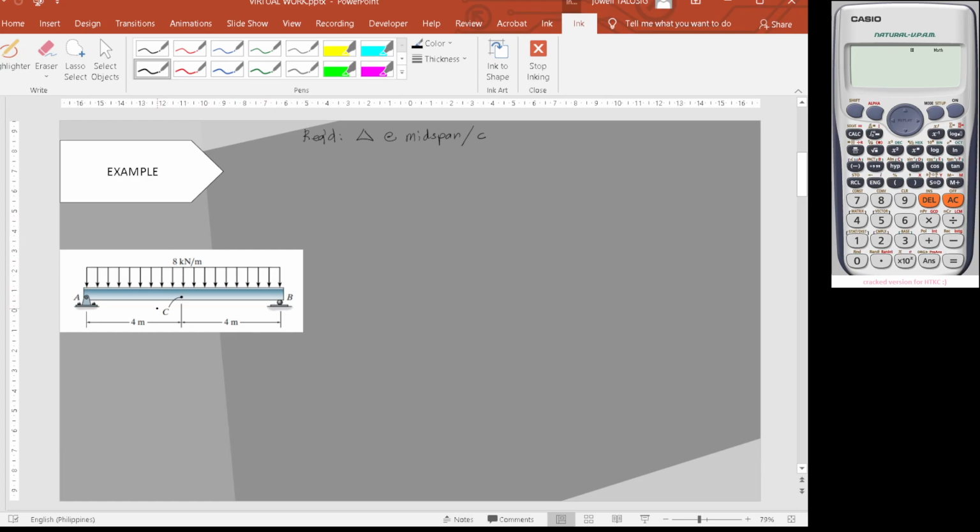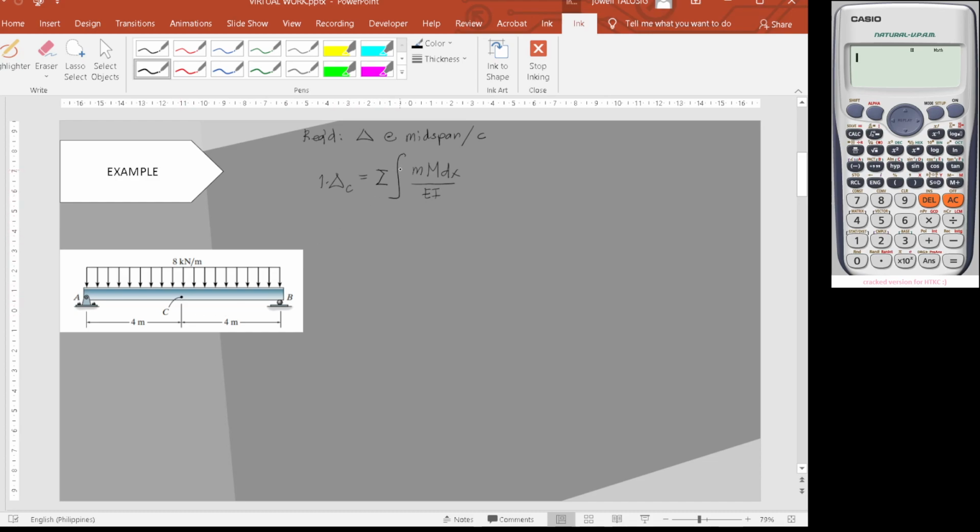To solve this problem, let's write the formula. The deflection at midspan, or at point C, is equal to the summation of the integration of m times M dx over EI. We need to add the two segments.